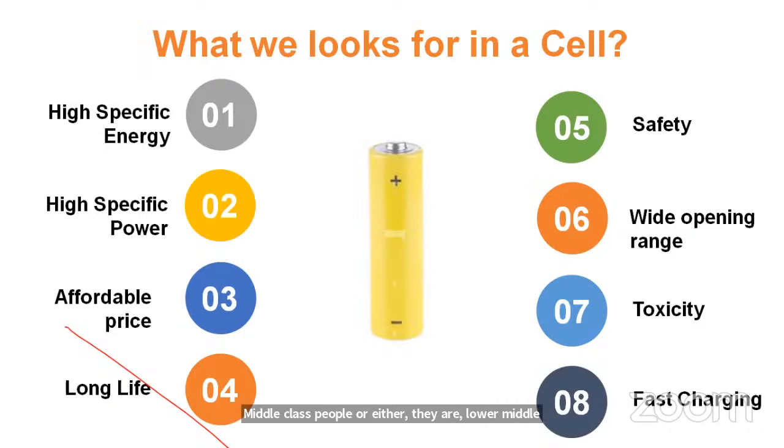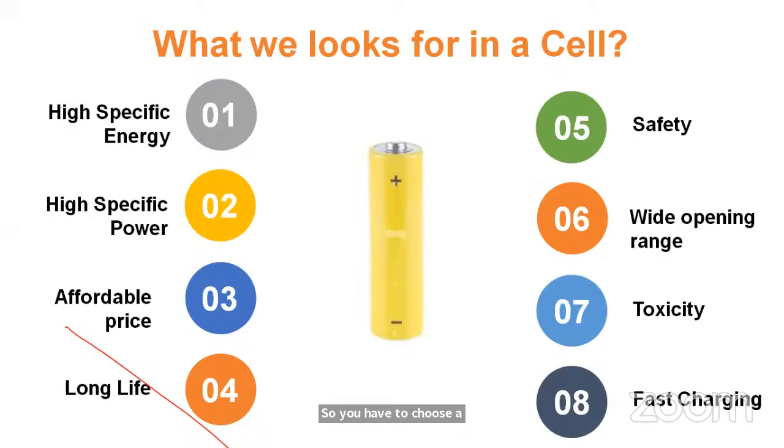So they always talk about price, right? If you go to a vegetable market, even 2 rupees makes a difference, right? In an electric vehicle, the cost differences are like 50,000, 1 lakh, 2 lakhs. So you have to choose a cell which is cost sensitive and affordable, right?